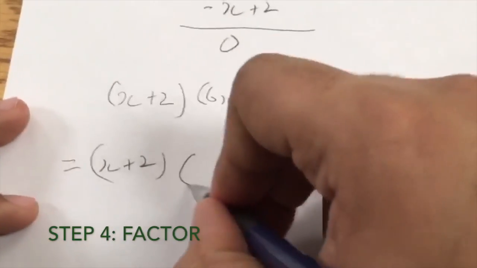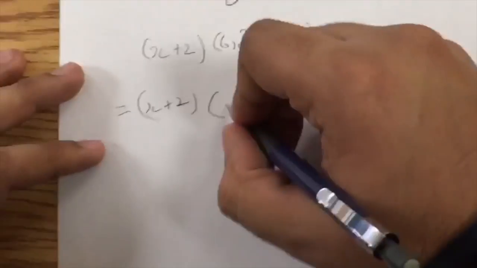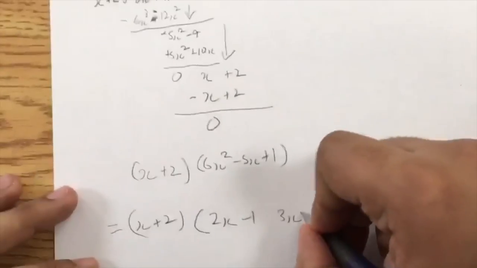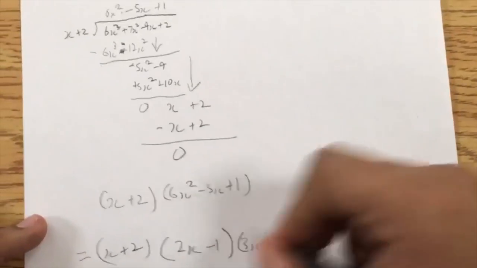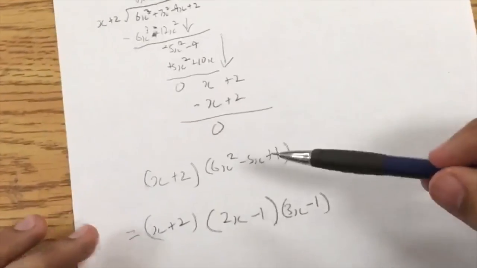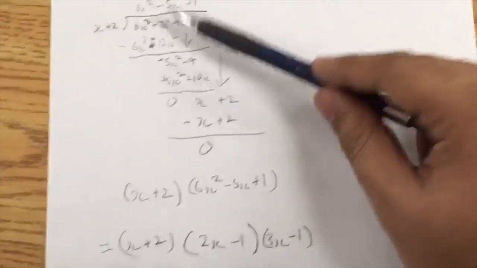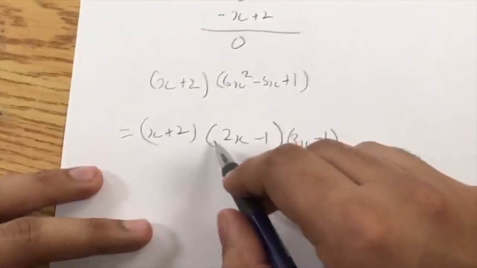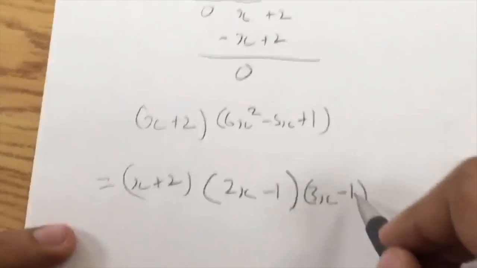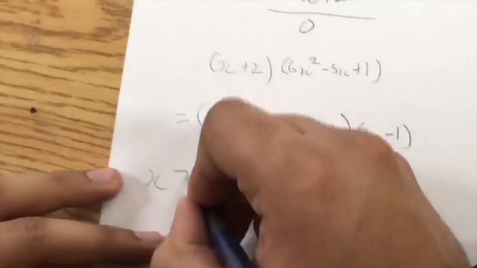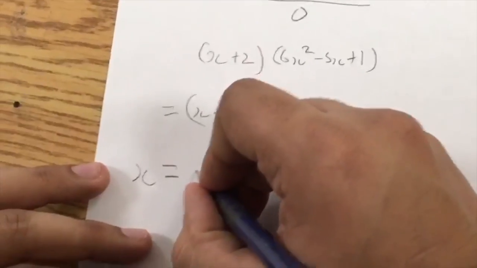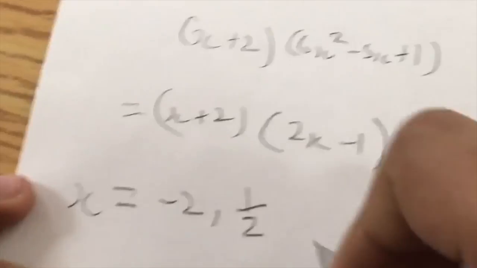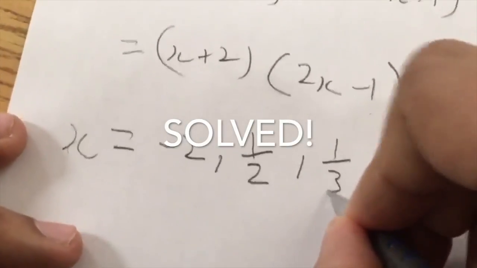Plus 2 and 2x minus 1 and 3x minus 1. So 6x cubed plus 7x squared minus 9x plus 2 is equal to x plus 2, 2x minus 1, and 3x minus 1. So the x's for that equation would be x equals negative 2, positive 1/2, and positive 1 over 3.